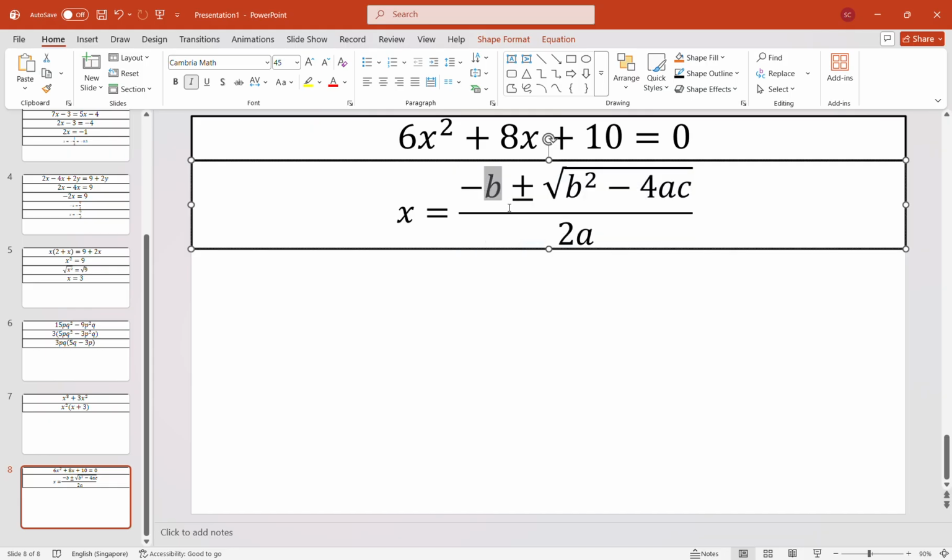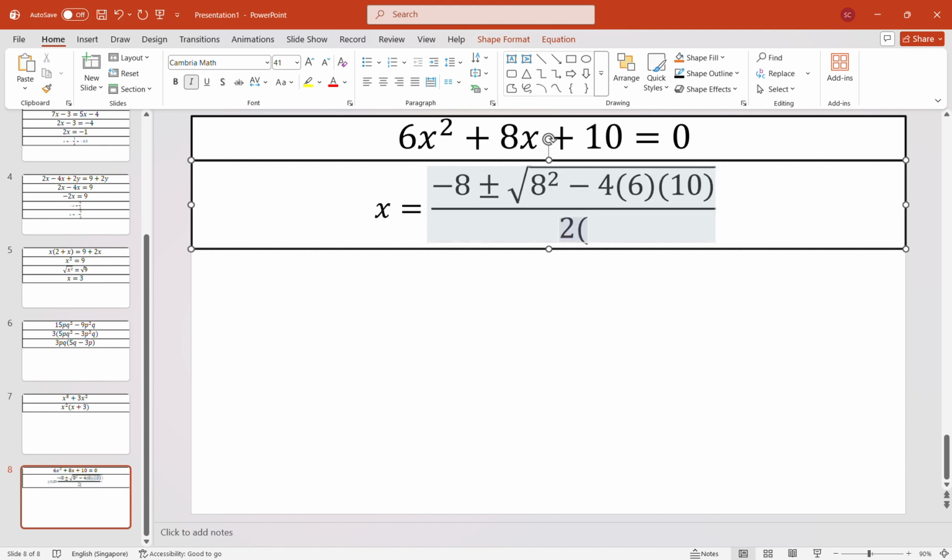We label the coefficients a, b, and c. So this is negative 8, plus or minus the square root of 8 squared minus 4 times 6 times 10, all over 2 times 6.